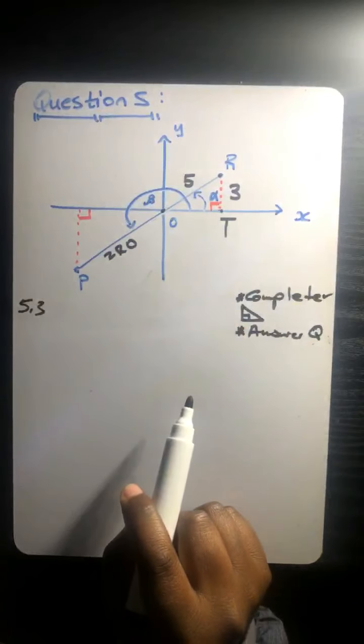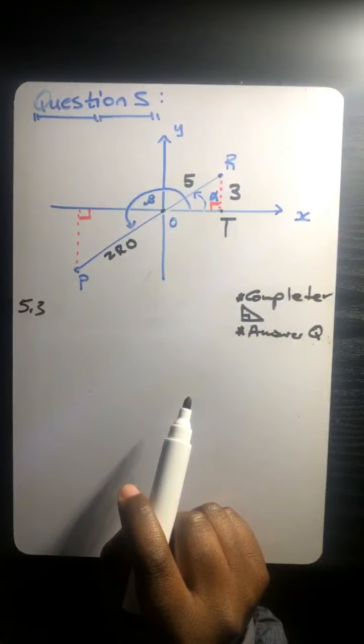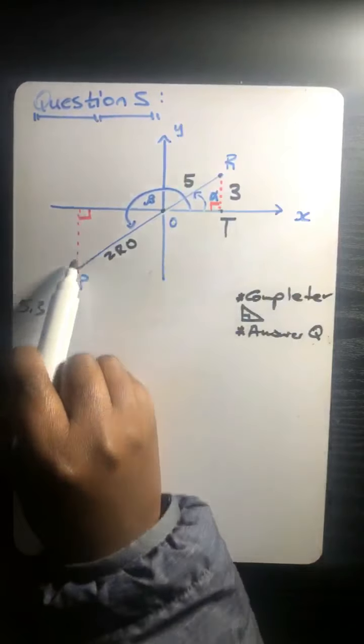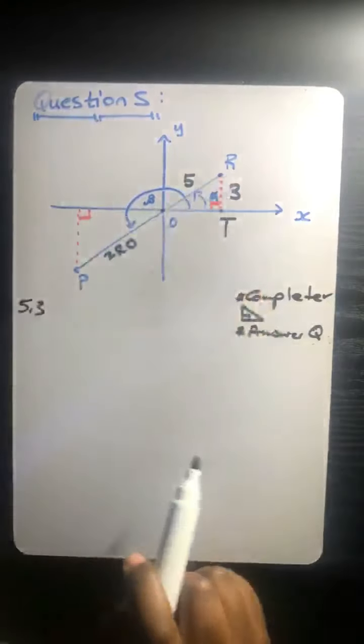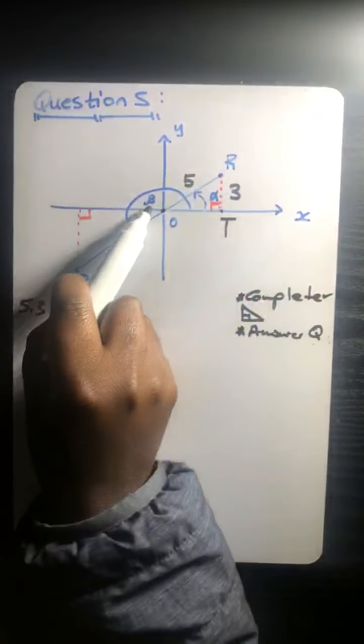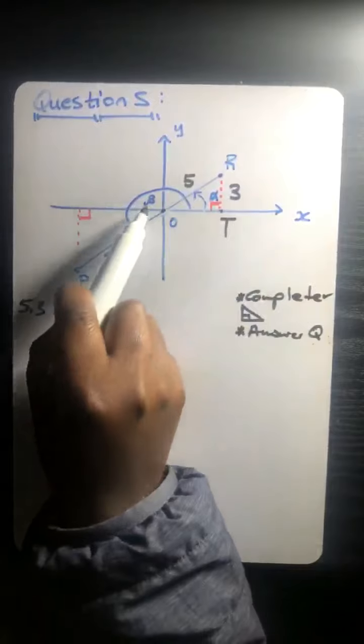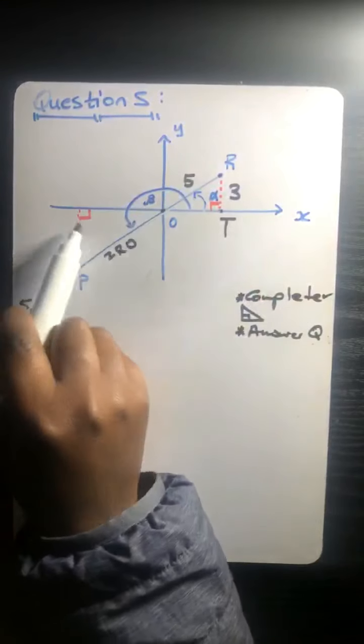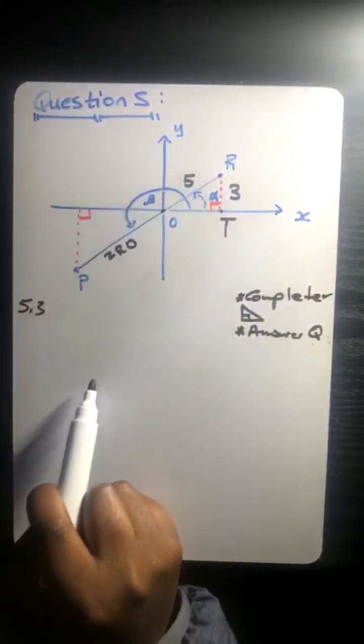And the reason for that is, good people, if we can complete these 2 triangles, then if the question is based on the triangle of angle beta, we'll be able to make use of the information to answer the question.